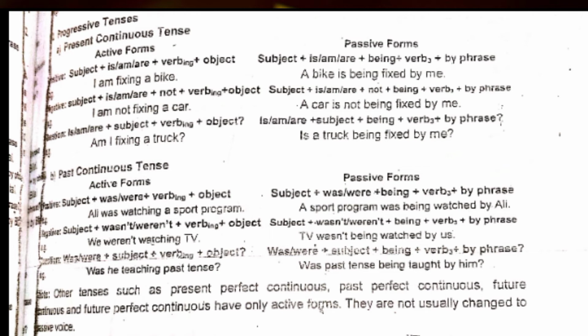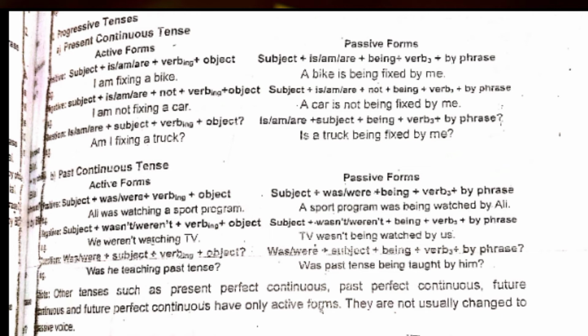In passive form, after is/am/are we use being and then verb third form plus by phrase. Keep in mind that the verb third form, the past participle, is obligatory in all tenses, right?